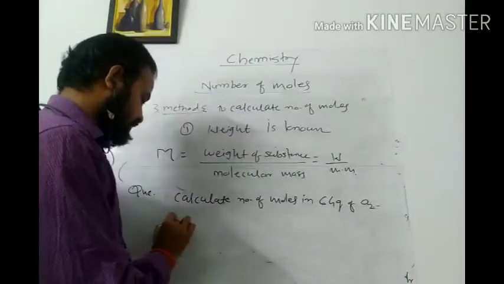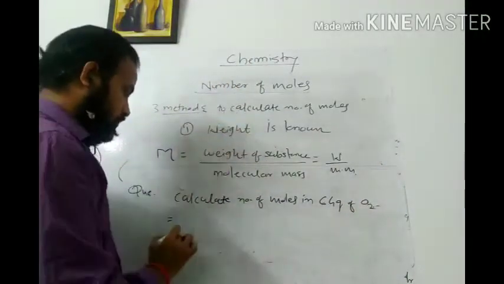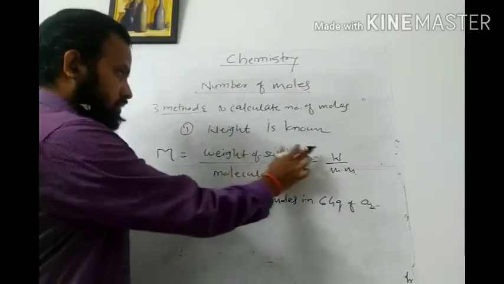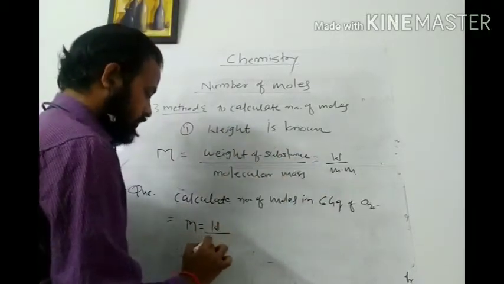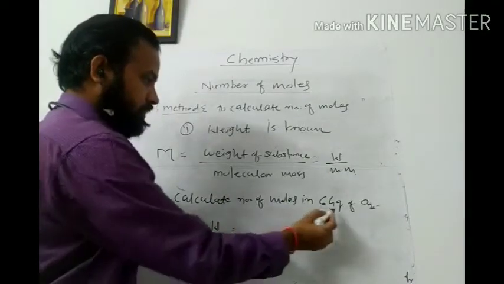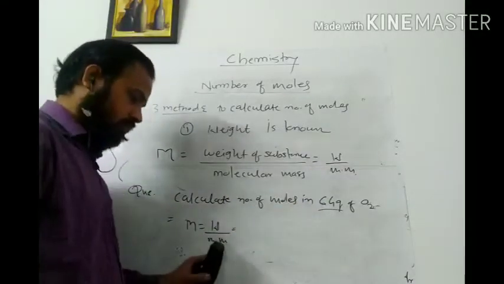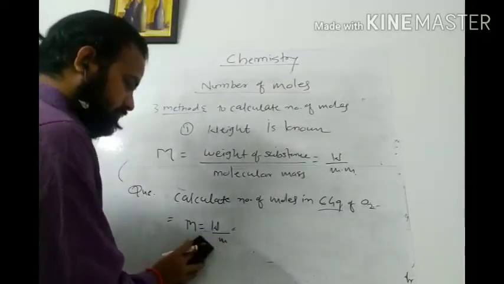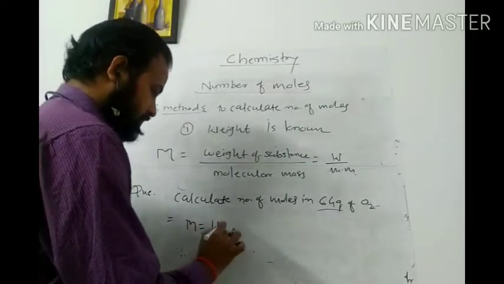As we all know, number of moles equals W divided by molecular mass. W is given, it is 64 gram, and only the molecular mass we have to calculate. So this molecular mass can be calculated. We just write it down.